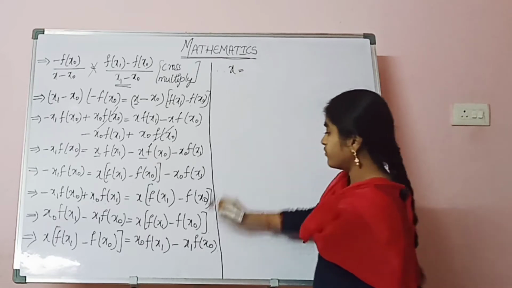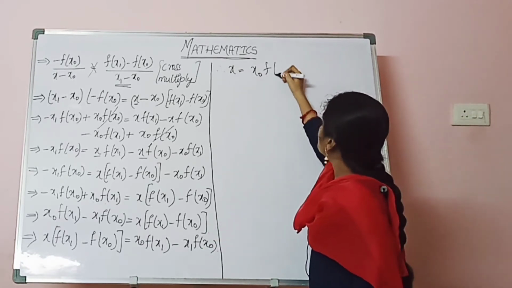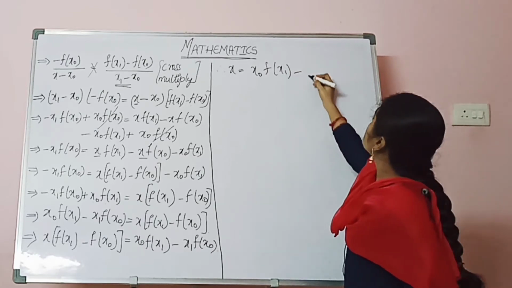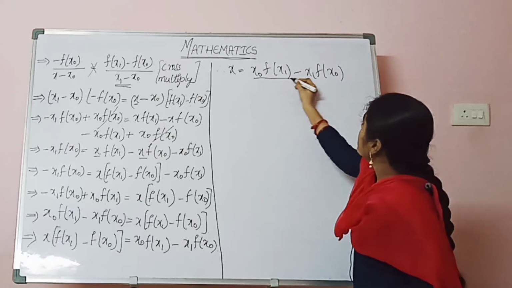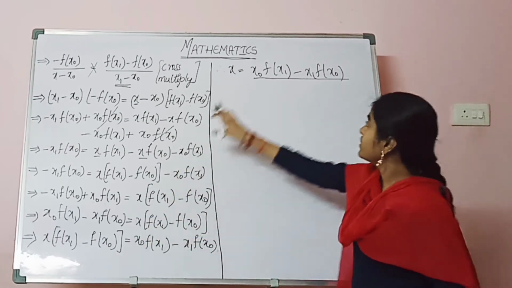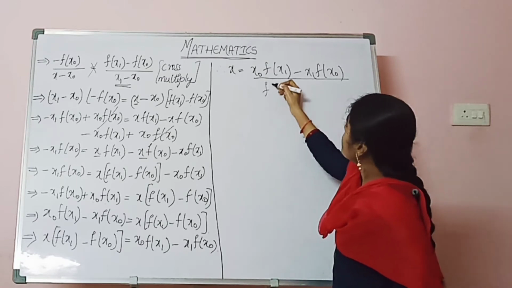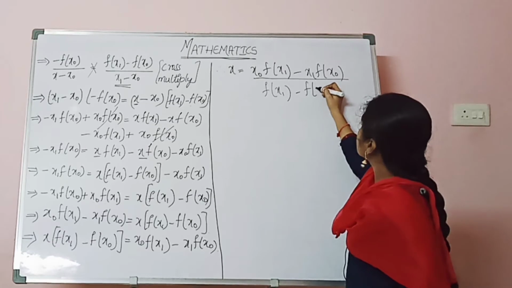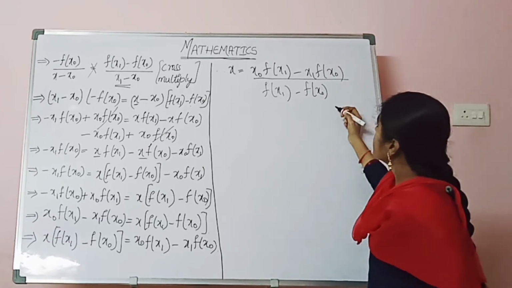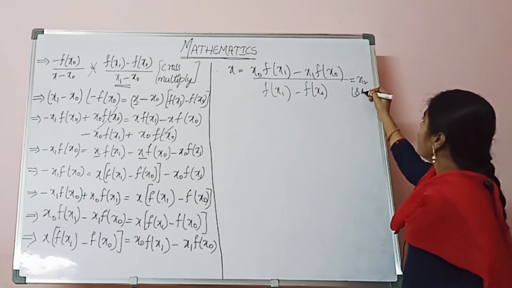Therefore, x equals x naught into f of x1 minus x1 into f of x naught, and by this multiplication, if it comes here, it becomes division by f of x1 minus f of x naught. This is equal to x2. We have to assume this as x2.